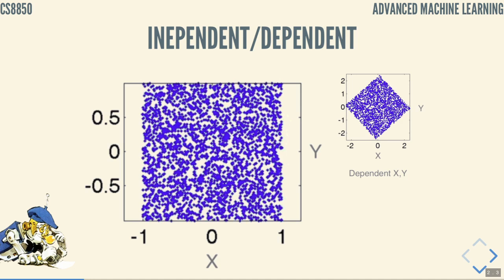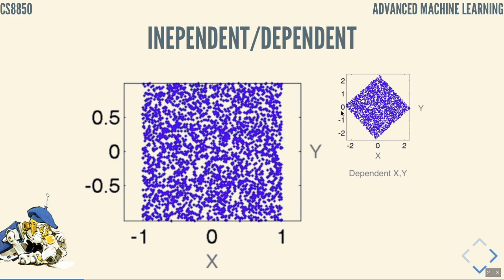So what we see on the left are non-informative variables. The joint distribution is just the product of marginals. If you know the value of y, the distribution of x doesn't change. It is the same for any value of y. But here on the right, the variables are dependent.